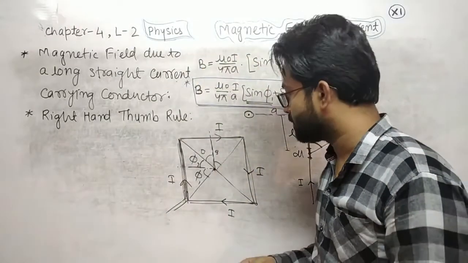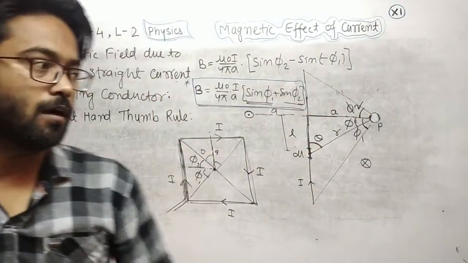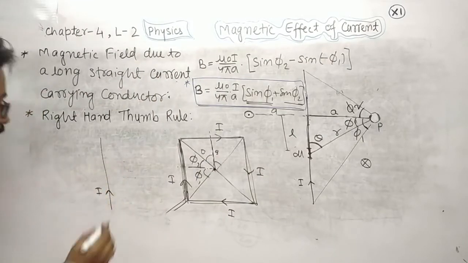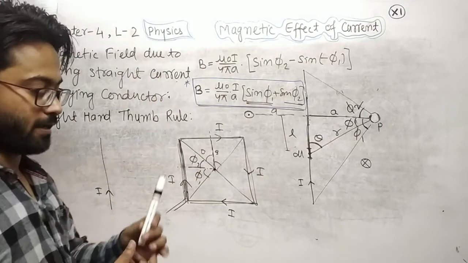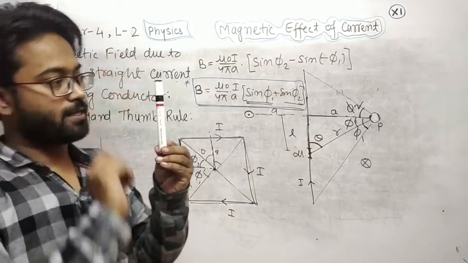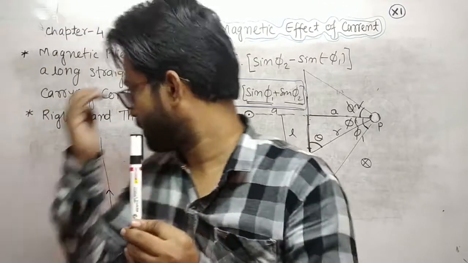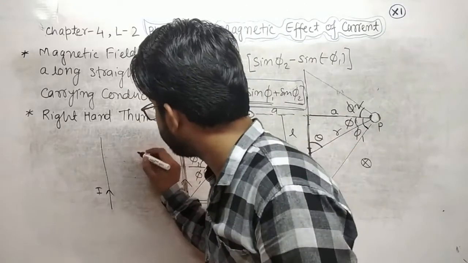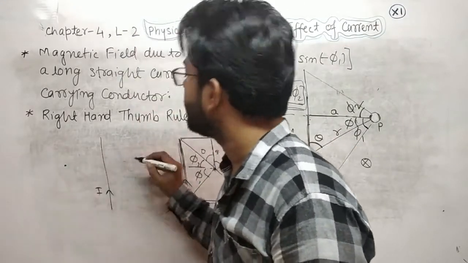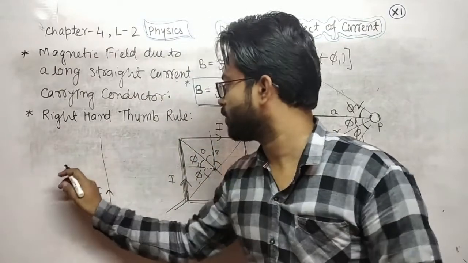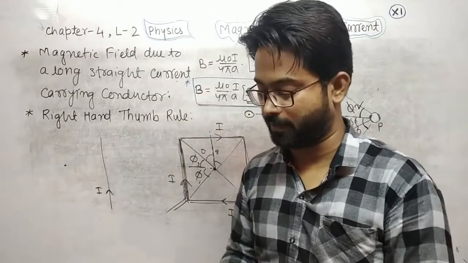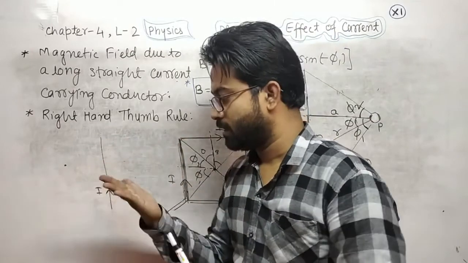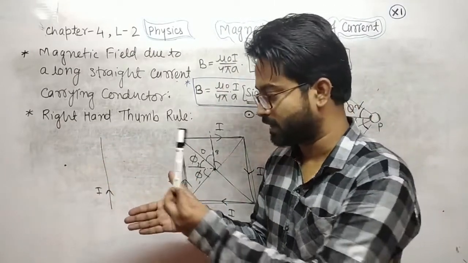What is the right hand thumb rule? This is very simple. Just take a straight wire, current is flowing I upward, and we need to calculate the magnetic field at a point. The thumb rule is, stretch your hand like that.